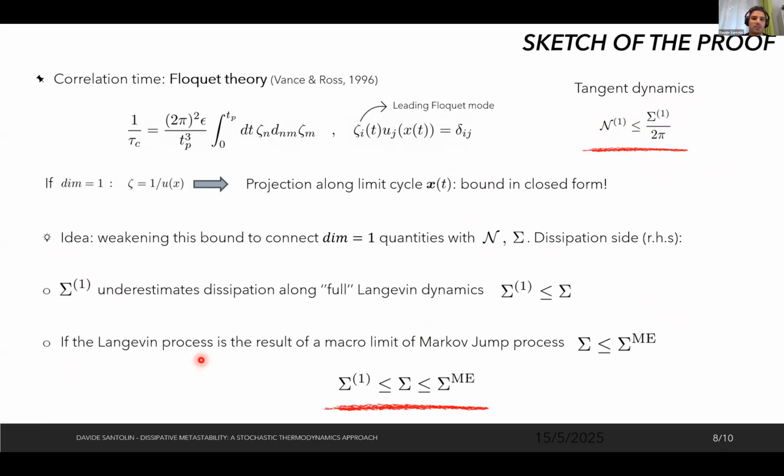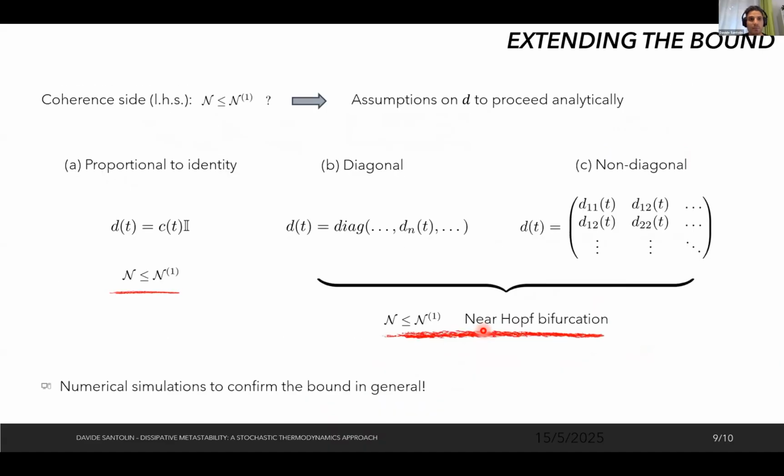And then we considered also the fact that our Langevin dynamics could be the result of some kind of Van Kampen expansion of a Markov jump process. And so the true microscopic entropy production would be underestimated in that case. And so we end up with this hierarchy of entropy productions. The hard part is now the left-hand side.